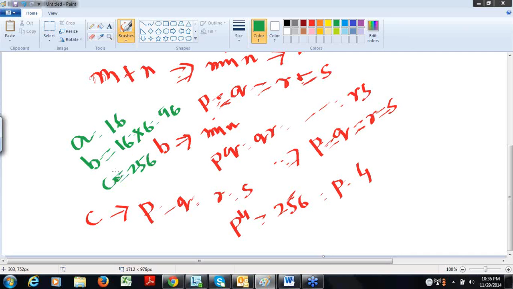Now the minimum value of A plus B plus C is, just sum these three, you will get 368.